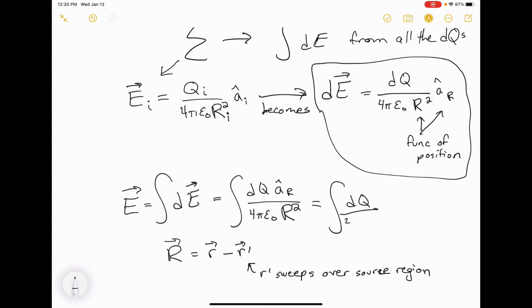So dq divided by 4 pi epsilon naught magnitude of R minus R prime squared. That's the amplitude part of the electric field due to this differential charge element. And this little R prime denotes where this dq element exists.